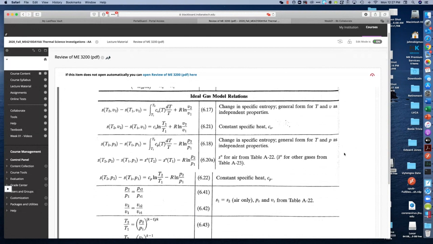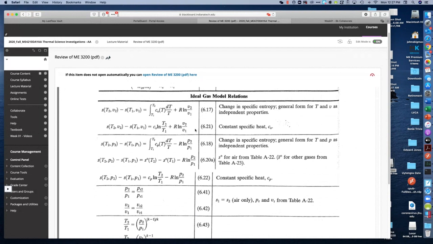So we actually need two thermodynamic states in order to define the value of entropy anywhere. When we talk about the change in the entropy, we see that we can define entropy by two thermodynamic states, temperature and volume. And in doing that, we then have this form of the equation.